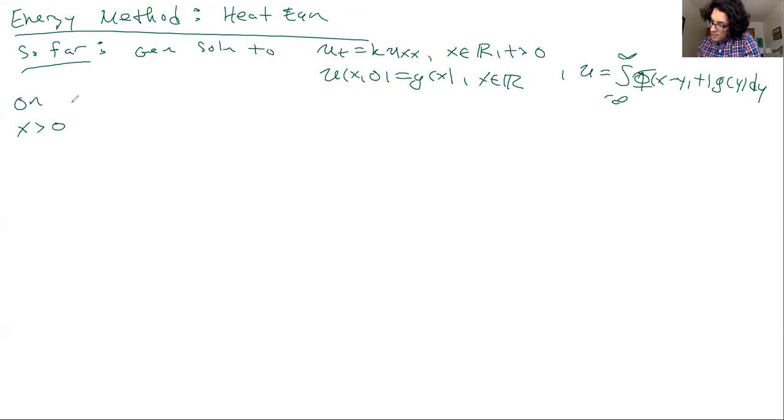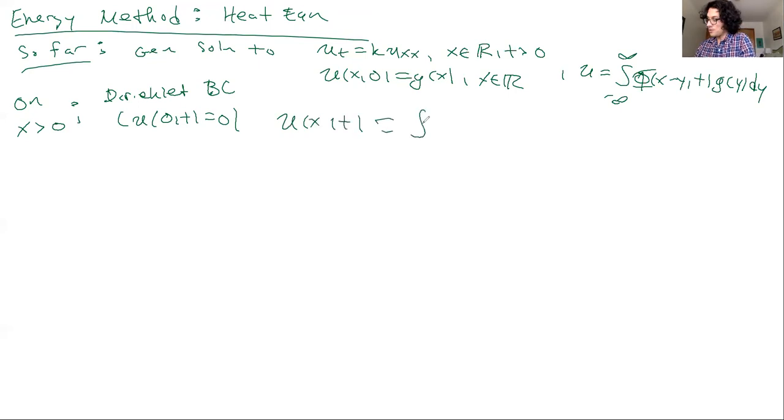On x greater than 0, if we have a Dirichlet BC, in other words, if we have that u of 0 t is equal to 0, okay, then u of x t is equal to the integral from 0 to infinity of phi of x minus y t minus phi of x plus y t, g of y dy.